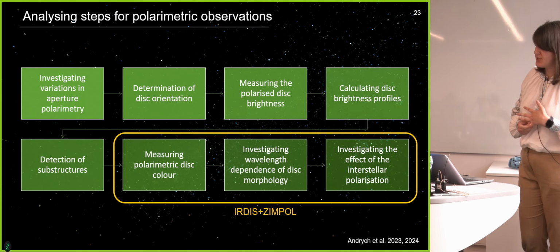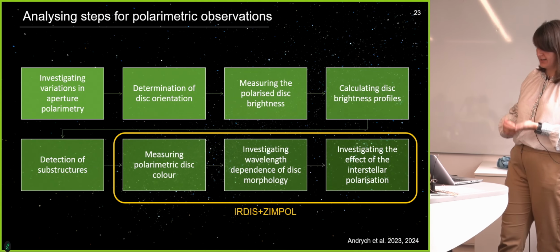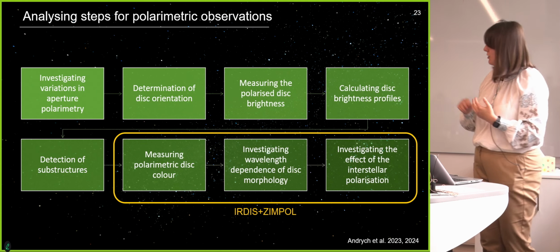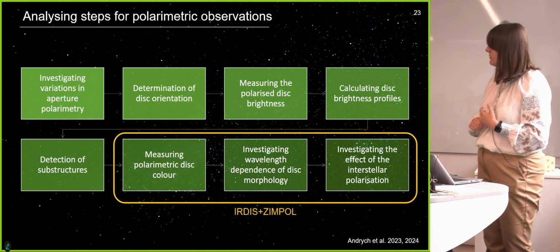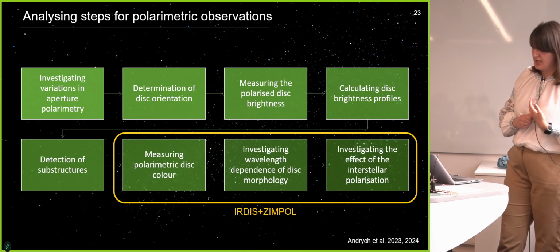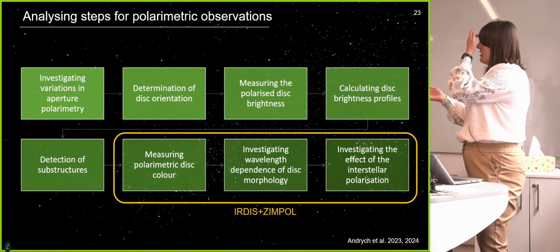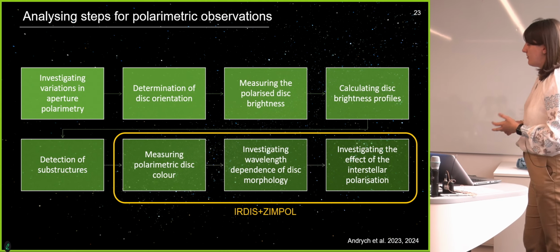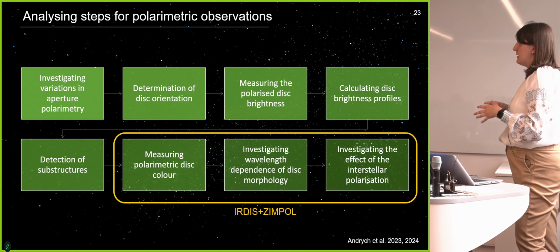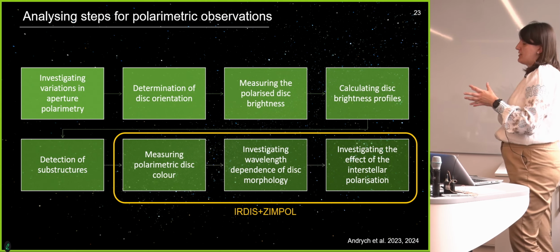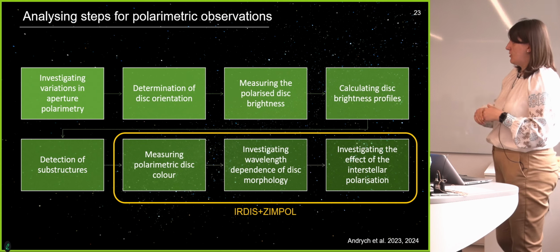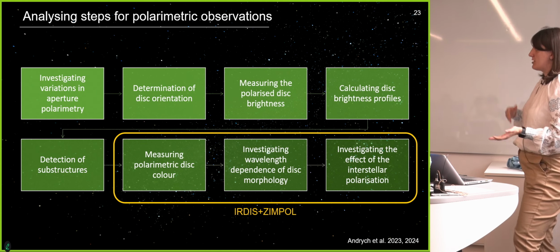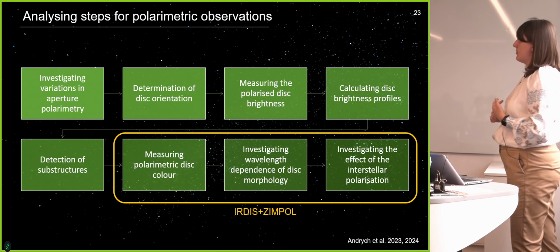We have also developed a set of Python scripts to analyze the polarimetric imaging data in a consistent and precise manner for our targets. And I'm again not going to delve into all of the analysis steps, but in general, we first compare the polarimetric measurements in different apertures to find out whether the unresolved polarization is mostly coming from the disk or is mostly caused by the interstellar medium.